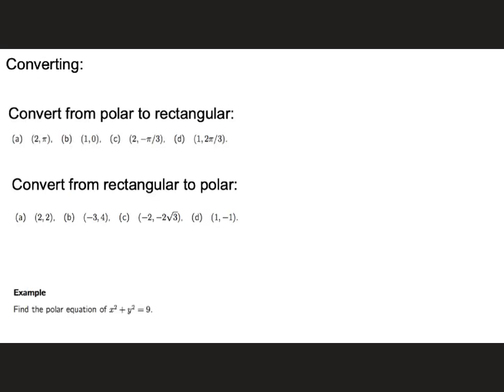All right, now we got some converting from polar to rectangular. So we've got 2, theta. So we learned that we have this triangle. We have theta here, x here, r here, y here. So the cosine of theta is x over r, so x equals r cosine theta.